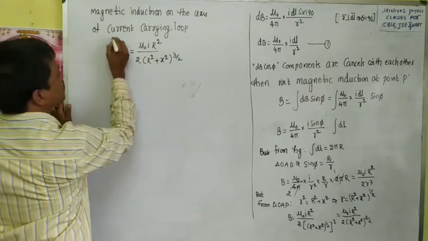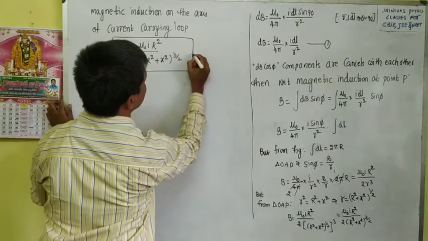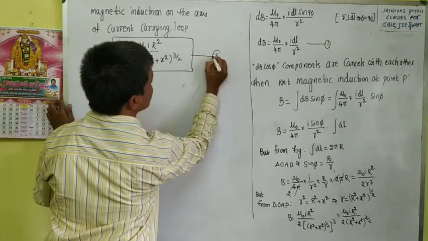This is the formula for the magnetic induction on the axis of a current carrying loop.